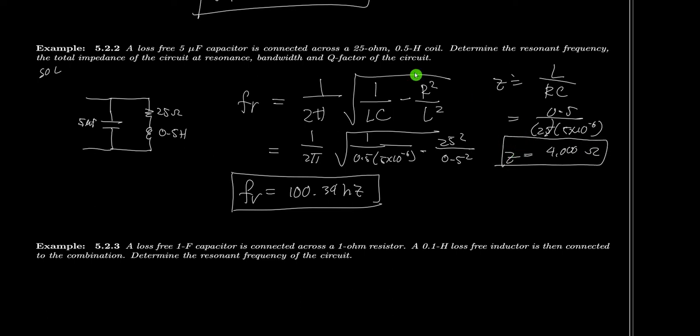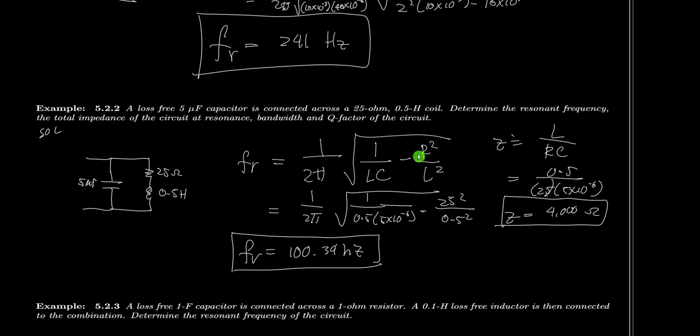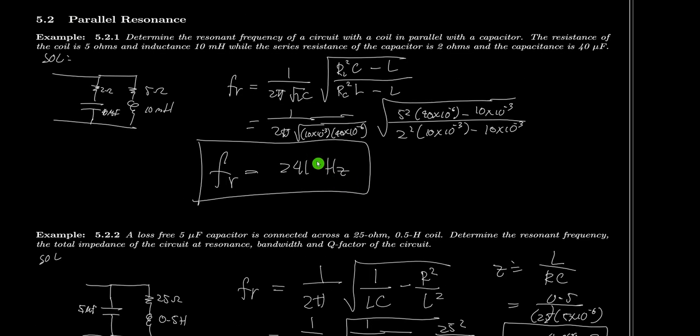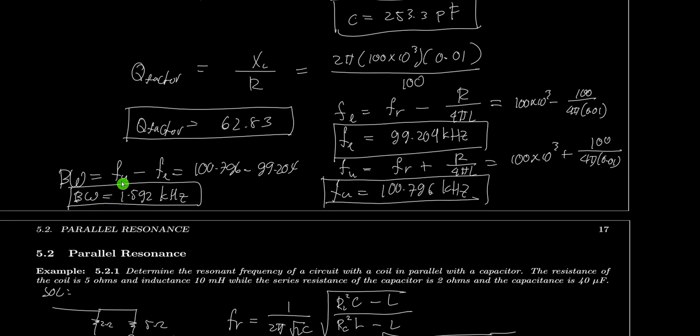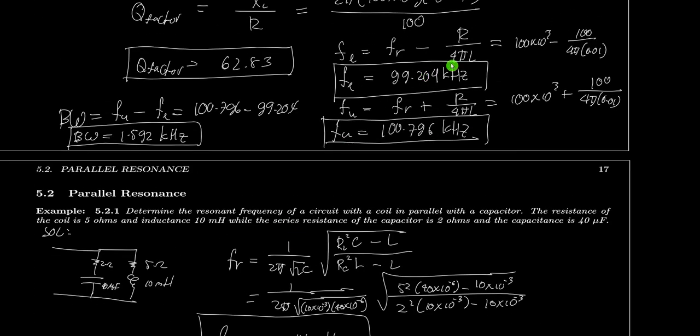And for the bandwidth and the Q factor, you can repeat the process as we did here. It's the same thing. To solve the bandwidth, instead of solving for the upper and the lower, we can just directly solve it by using these formulas, R over 4 pi L and R over 4 pi L here. If we add that, that is just equal to twice, and 2 over 4 is just 1/2.